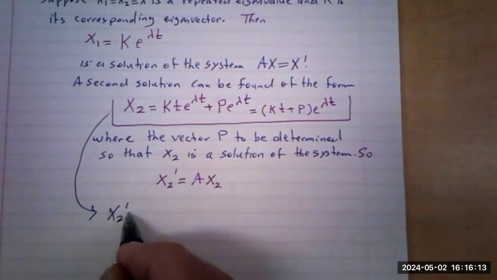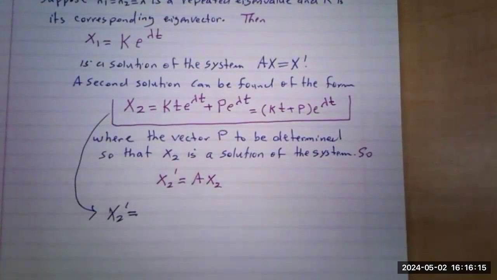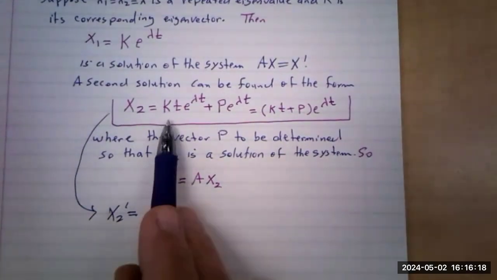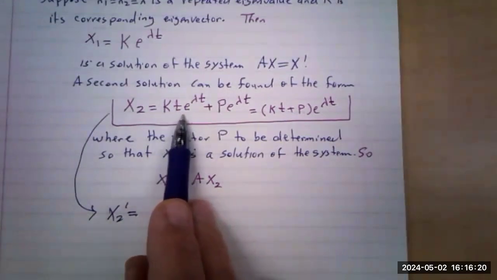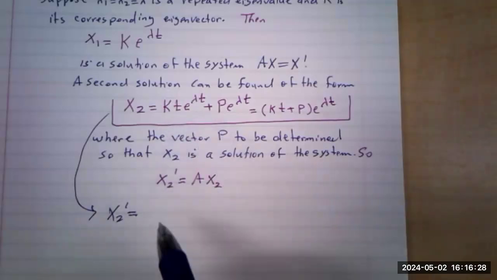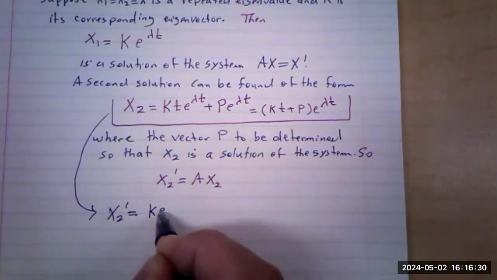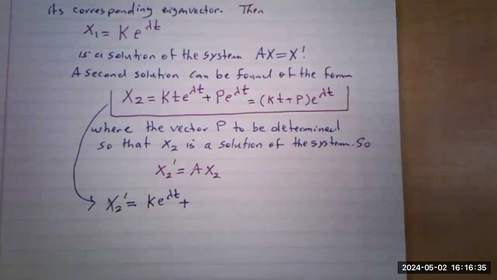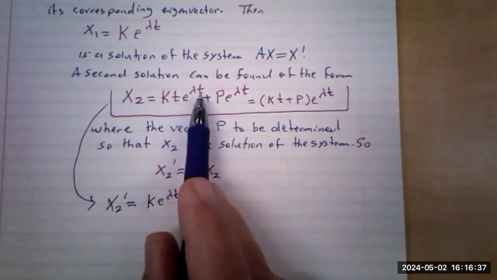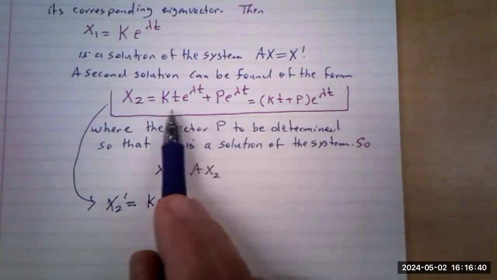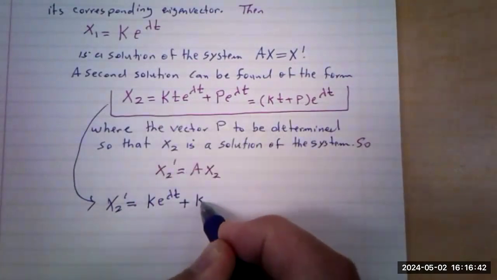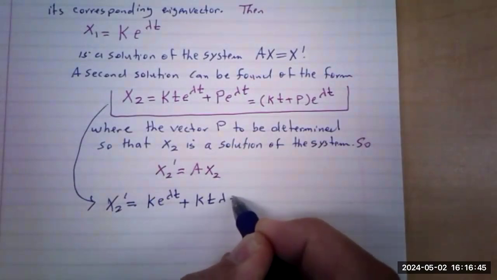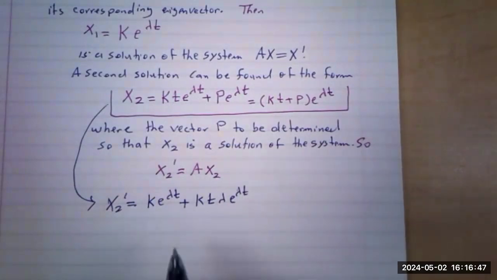So x2 prime is just differentiating the first one with respect to t. You have to use the product rule: derivative of the first times the second, plus the second times the first. The derivative of the first would be k e to the lambda t, plus the derivative of e to the lambda t, which is lambda e to the lambda t, times the first, k t lambda e to the lambda t.